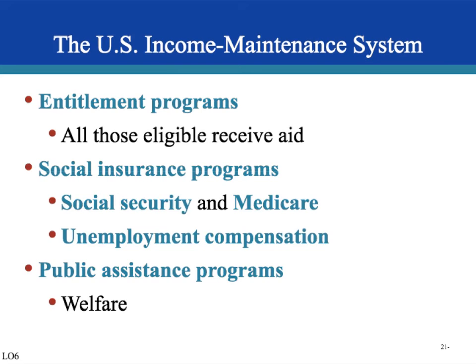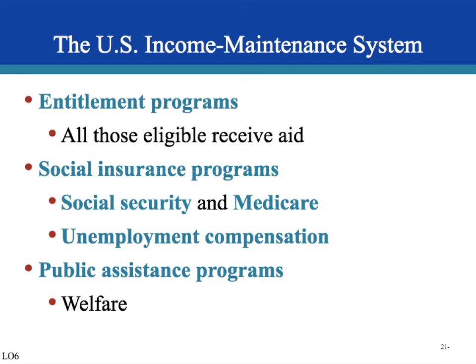And Medicare is a federal insurance program that provides health insurance to people 65 or older or disabled people. Unemployment compensation is if someone is laid off, unemployed, then for a short period of time they can get some money from the government to help meet their income needs while they look for another job.